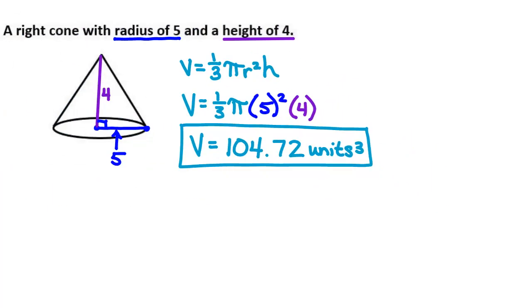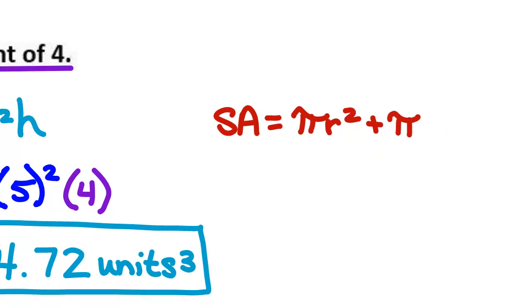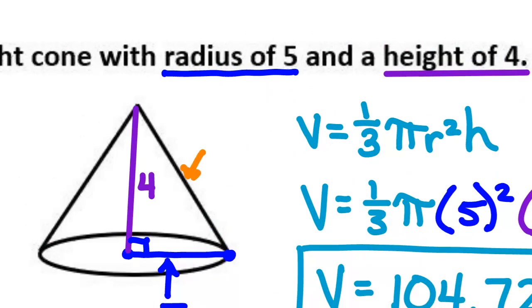All right, surface area. Surface area is area of the base, pi r squared, plus pi times r times my slant height. Do we have all the parts? No, what do we need? Need slant height again.